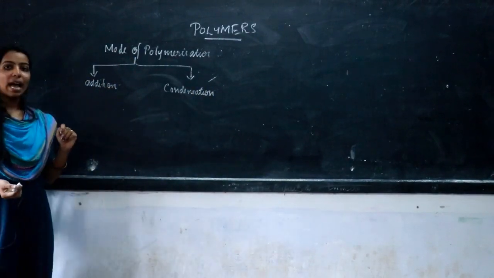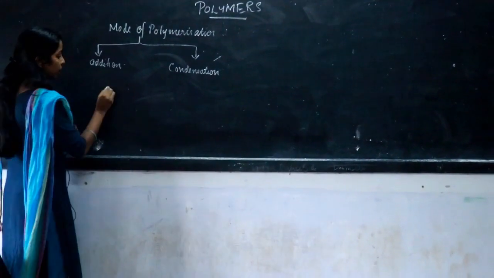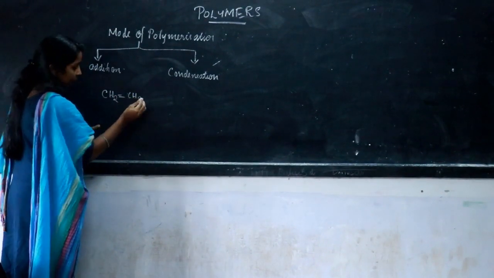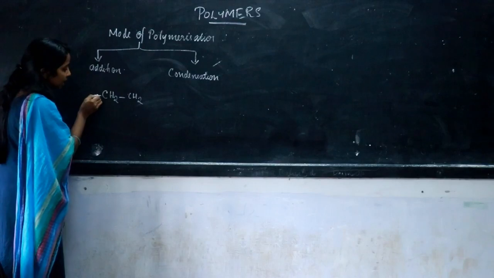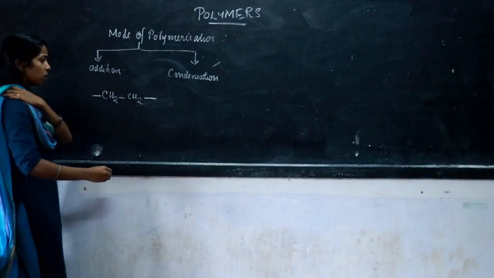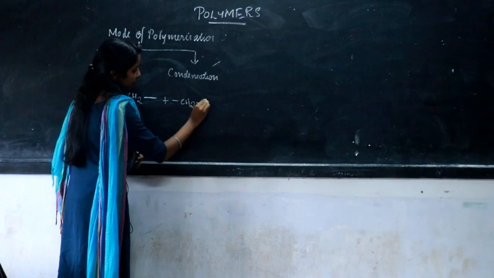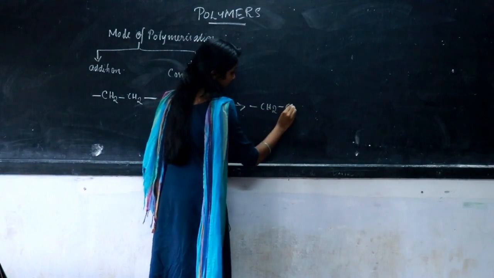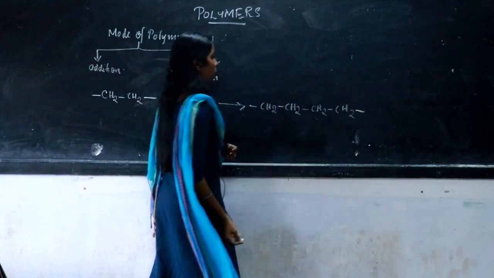Now addition polymers. I can show it with the same example which I took earlier. Ethene, CH2 double bond CH2. When it undergoes polymerization, this bond breaks, and this carbon gets one valency here and this carbon gets one valency here. So when you add another ethene with this, they add up and you get polythene.